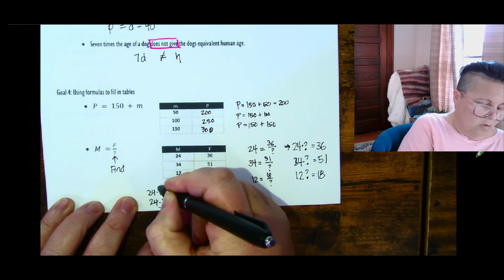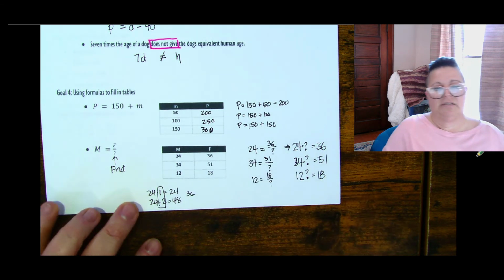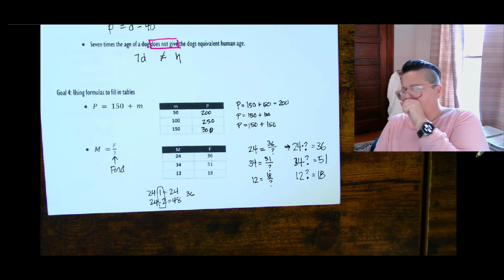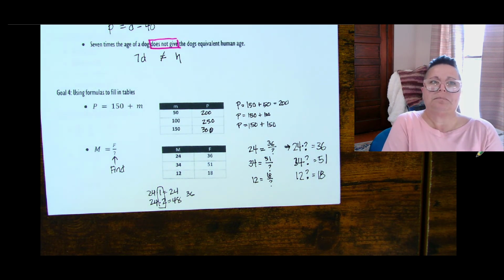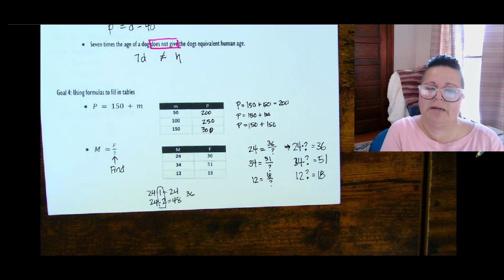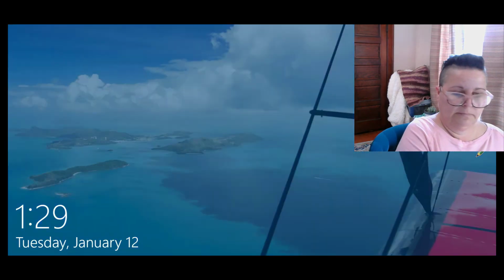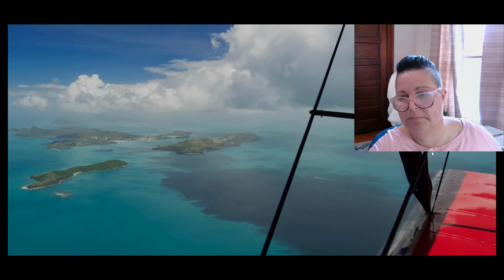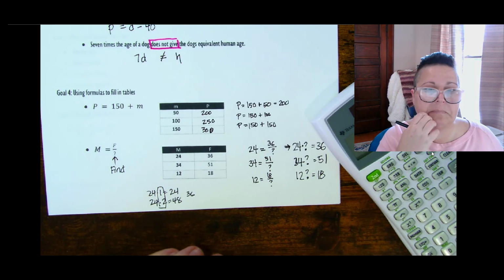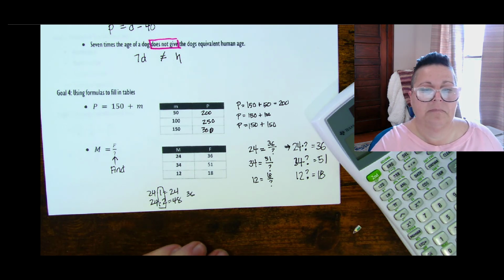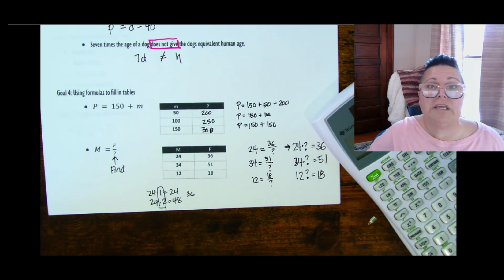So I know if I'm going to try and get a 36, the number I'm using has to be between a 1 and a 2. So I'm going to try 1.5.